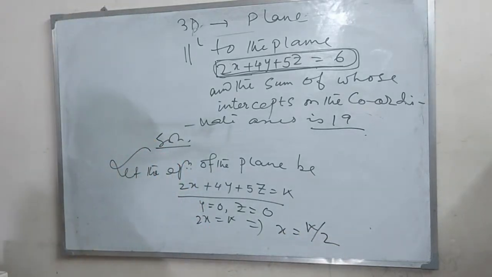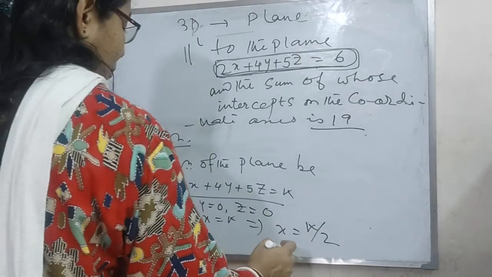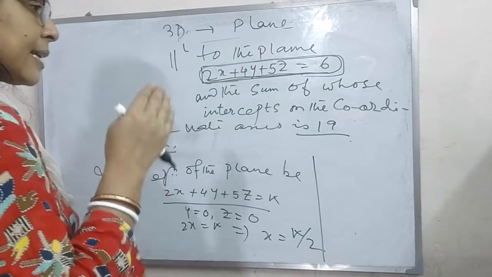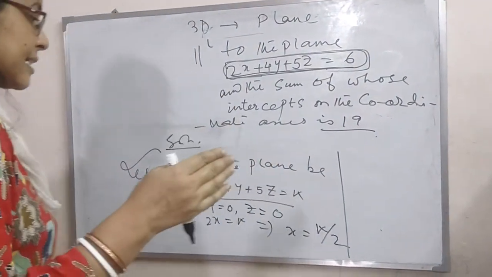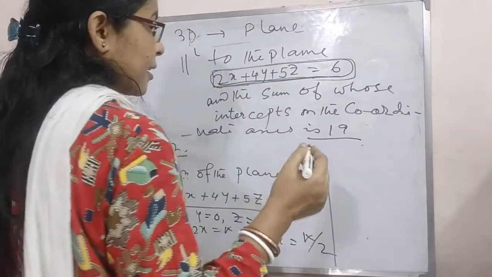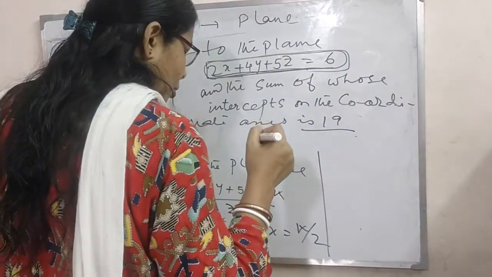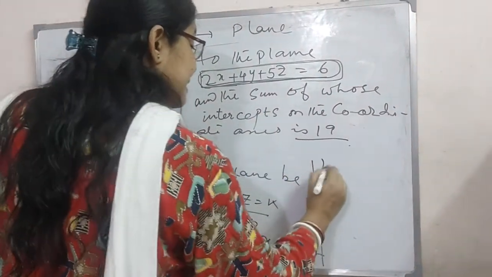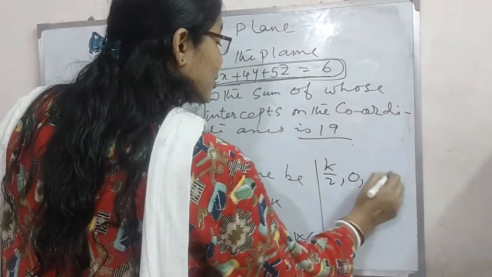This is the x intercept. Since the plane intersects the x axis, the coordinate of the point on the x axis is (k by 2, 0, 0).